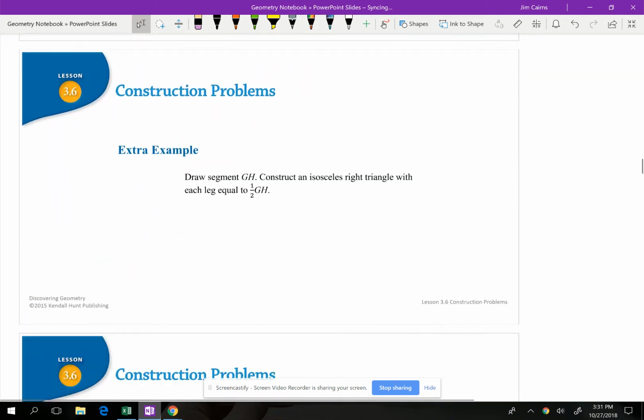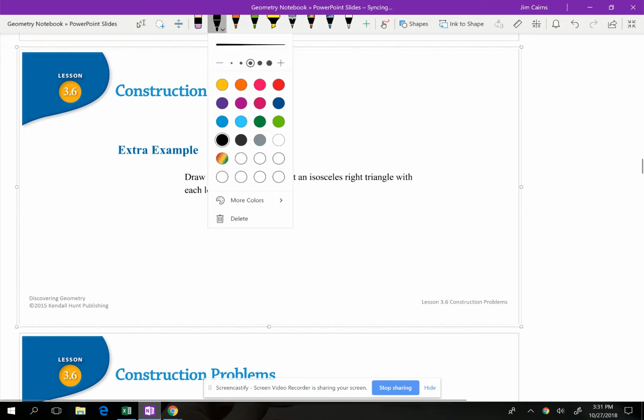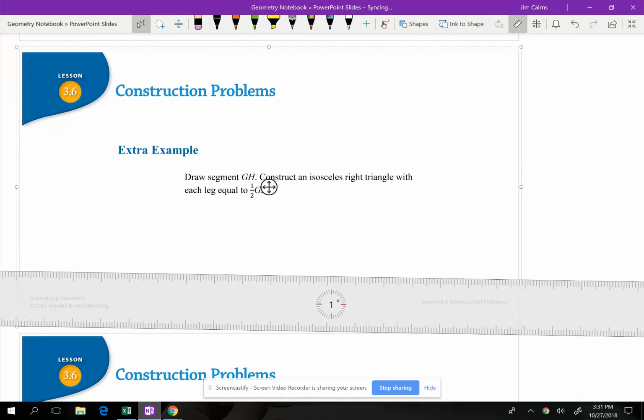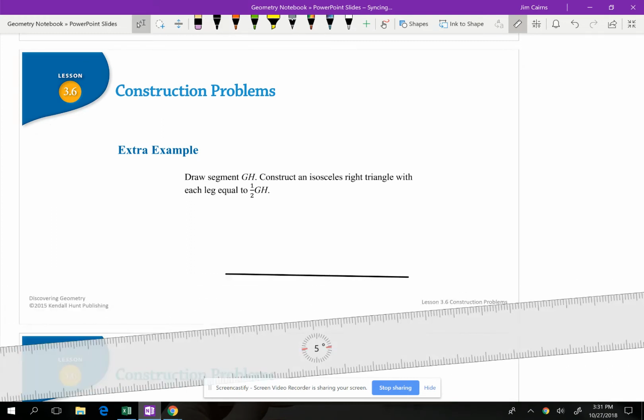Okay. Extra example: draw a segment GH and construct an isosceles right triangle with each leg equal to 1/2 GH. So let's go ahead and do that. Draw a segment GH. And here is GH.